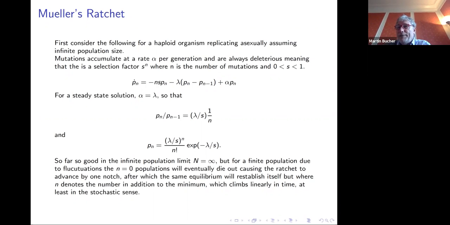And then you get a new equilibrium, which is sort of the same, except this n is above the minimum number of mutations. So you see these deleterious mutations just collecting.